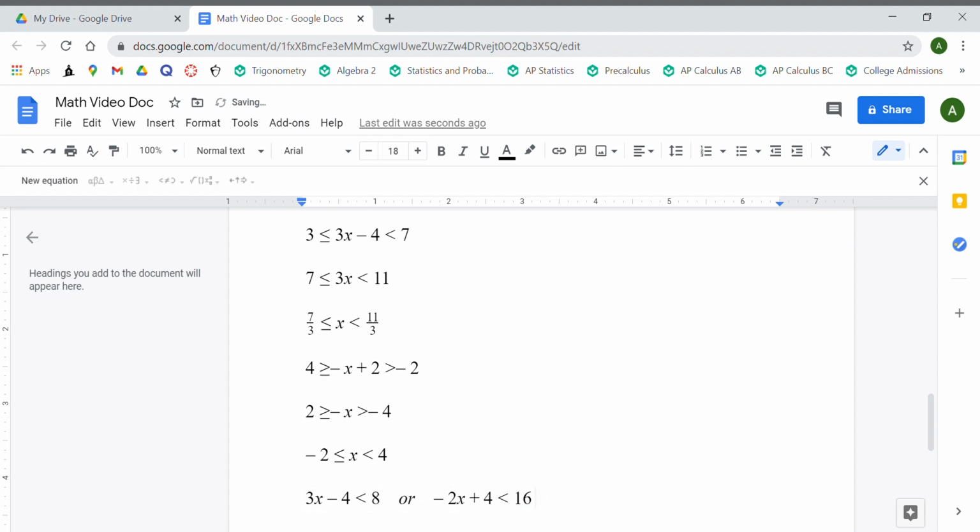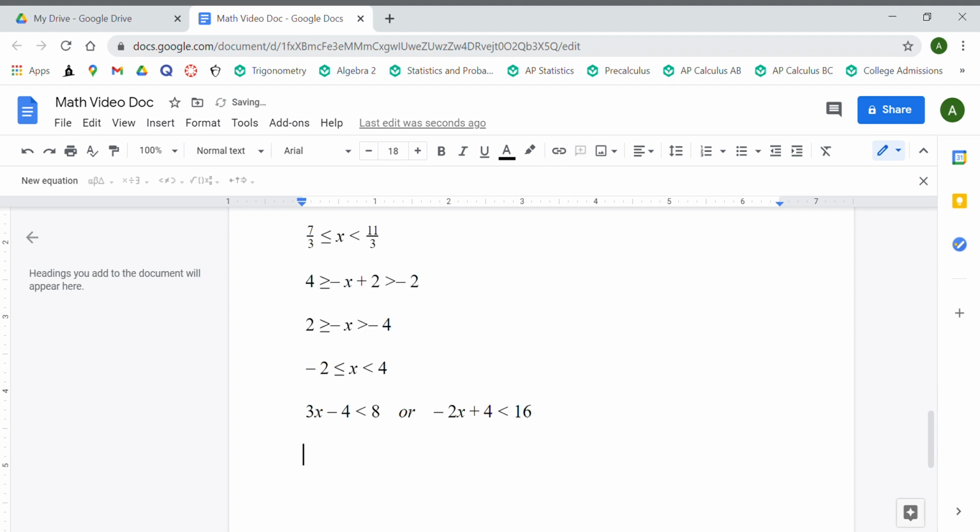So how do we solve this? Well, in order to get the solution, we must simply solve each inequality. So we're going to add 4 to each side for this inequality. We should have 3x is less than 12. Subtract 4 on each side, we should have -2x is less than 12.